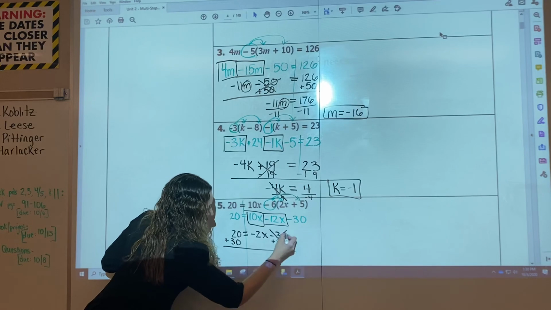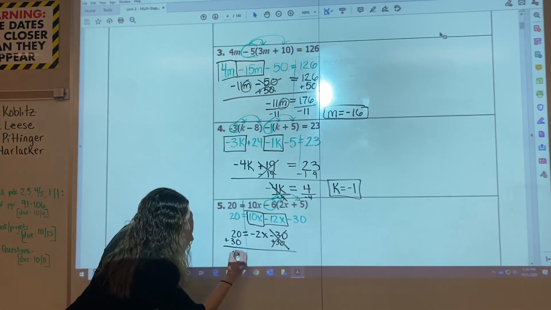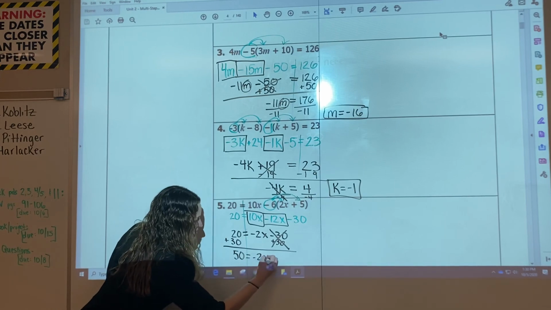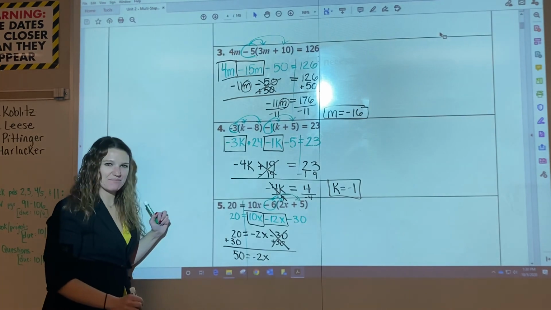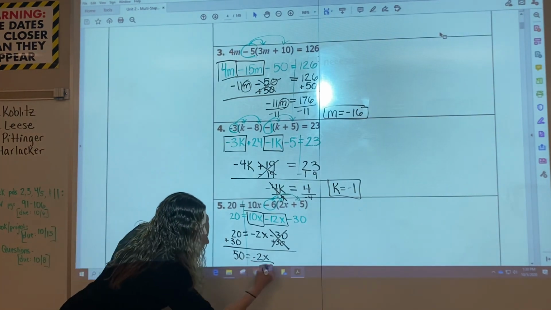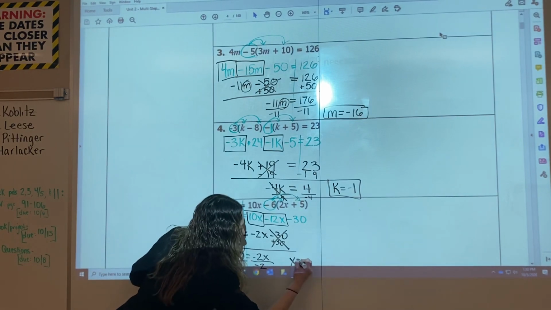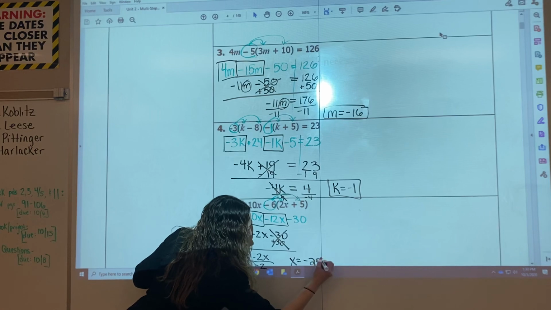Over here, this guy goes away. 20 plus 30 gives me 50. Bring down my equal sign and bring down my negative 2x. Last step, divide. Divide by negative 2, and x equals negative 25.